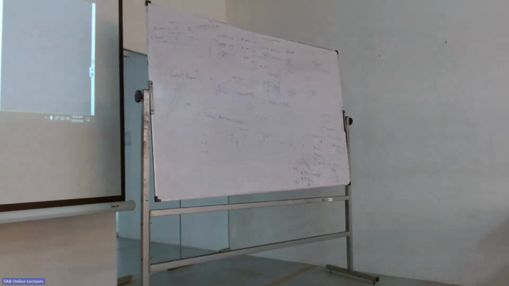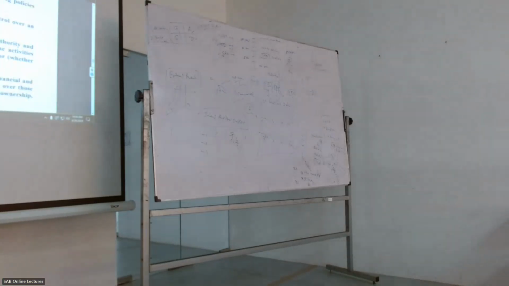You see this? Key management personnel are those persons having authority and responsibility for planning, directing, and controlling the activities of the entity, directly or indirectly, including any director.